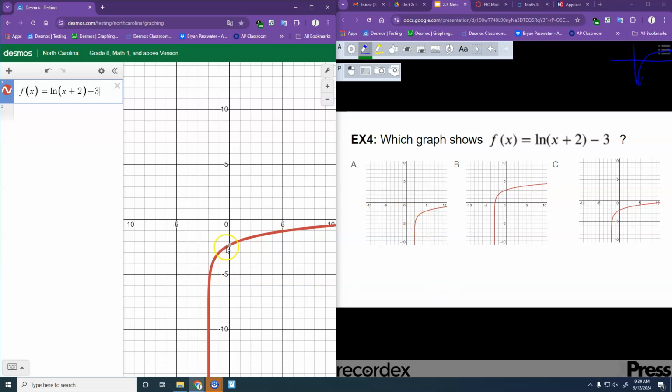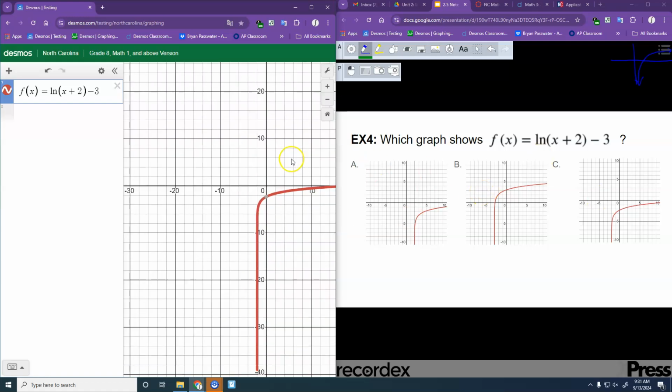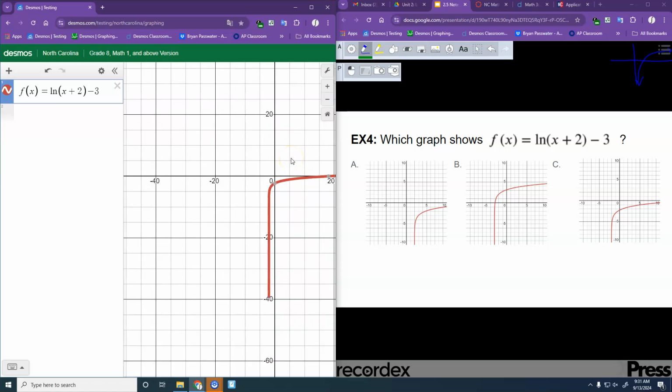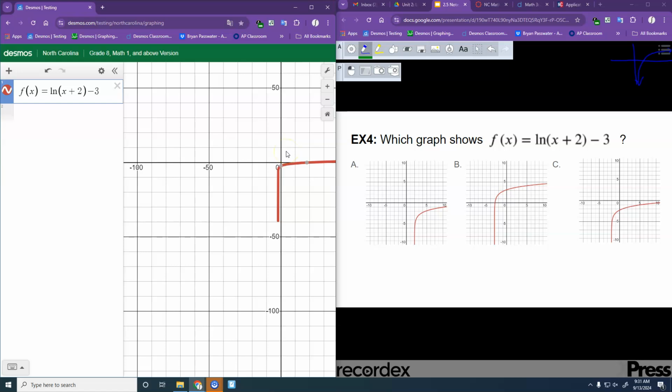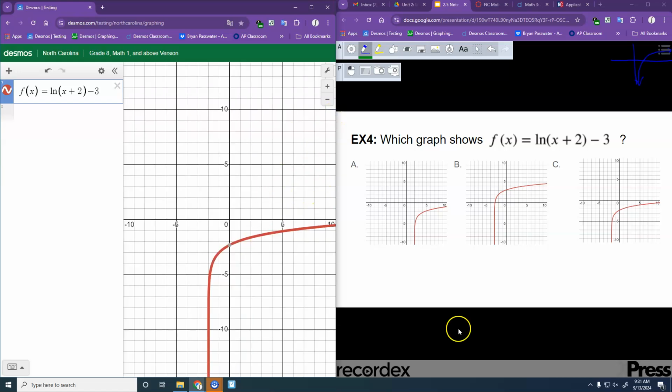Find some actual points on the graph, like right here. That point's like 5, negative 1. This one goes through 5, negative 1. This one does not go through 5, negative 1. Match some actual points, but use that, because how you are zoomed in or out can affect how it looks. If I zoom way out here, it might be hard to tell on that. Okay, questions?